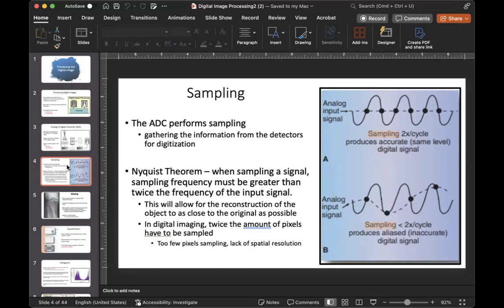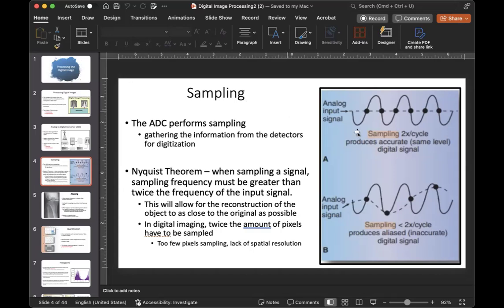And so whenever we do that, we're allowing our system to be much more accurate to what our actual image is capturing. Okay. And so, again, in digital imaging, twice the amount of pixels have to be sampled. If we don't have enough pixel sampling, lack of spatial resolution occurs.